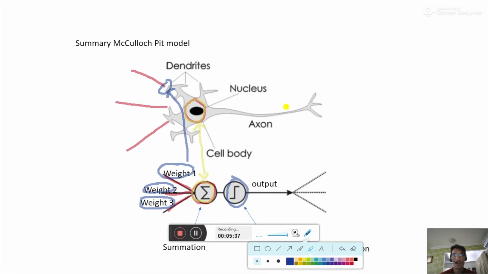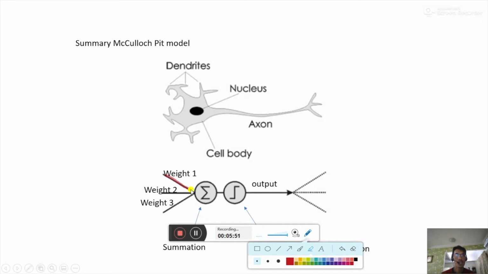So I repeat it again. These three lines, basically these are 1, 2, and 3. Basically you can imagine one dendrite, one dendrite, and one dendrite. You have 3 dendrites here, and the summation basically imitates this one. So you get the sum of the electrical signals, basically this one.